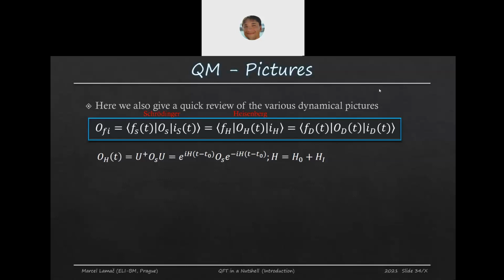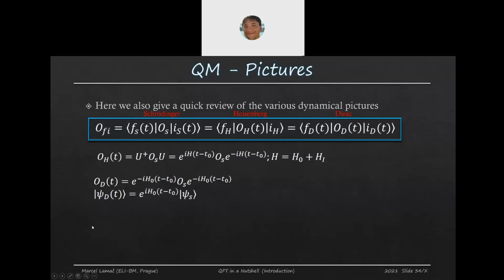So we see that in the Heisenberg picture there's no time dependence for the state vectors, and in the Dirac picture all the components of the probability amplitude or matrix element are time dependent. In this case, we simply take the free Hamiltonian part of the Hamiltonian and define the operator to be such, and we also define the state vectors with the interacting part.